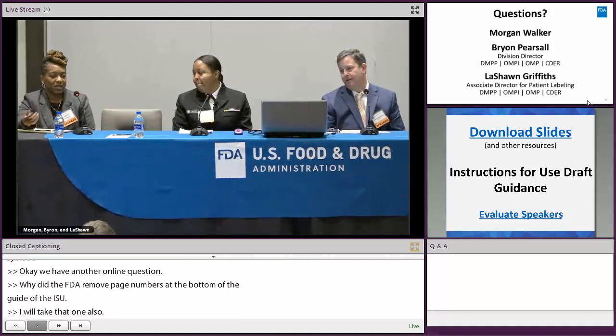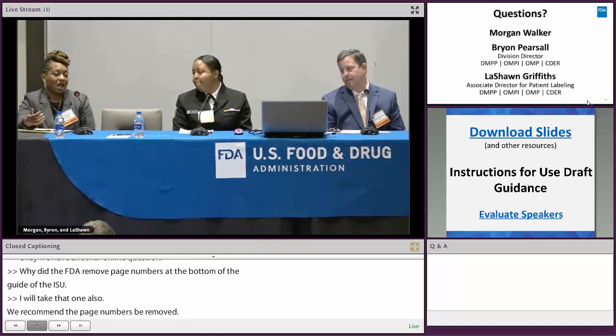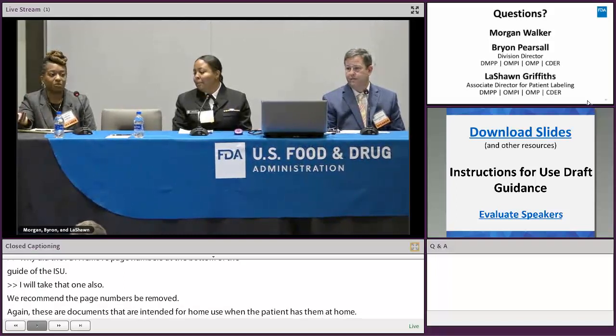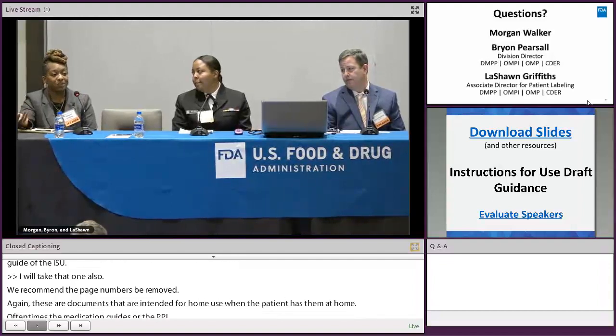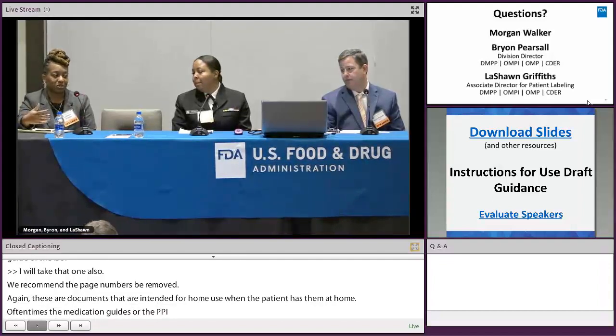Oftentimes, the medication guides or the PPIs and sometimes the IFUs are printed at pharmacies, different pharmacies, Rite Aid, CVS, whatever pharmacy you go to. And when it's printed, depending on how it's printing or whatever type of printer is at that particular facility, the page numbers can be different. And we don't want the patient to be confused.